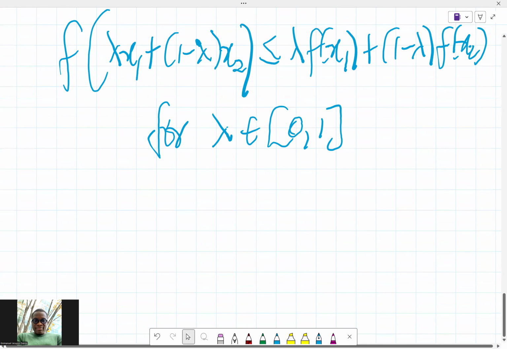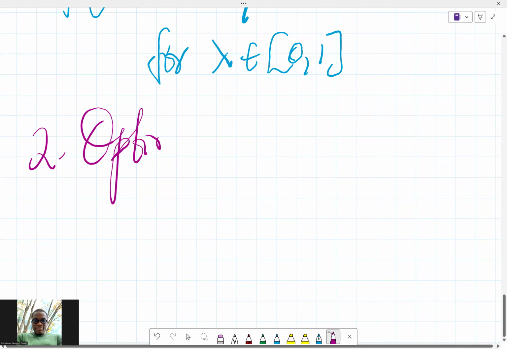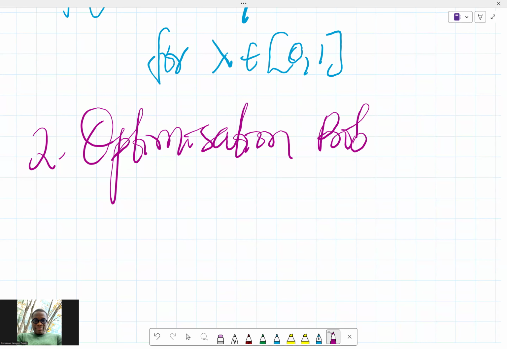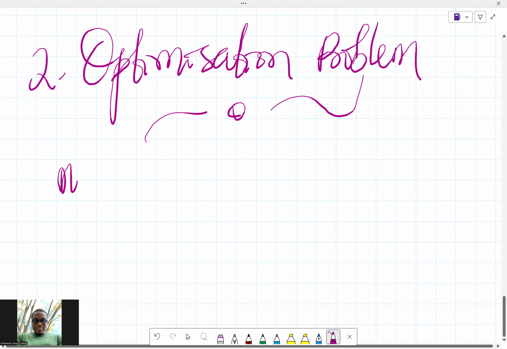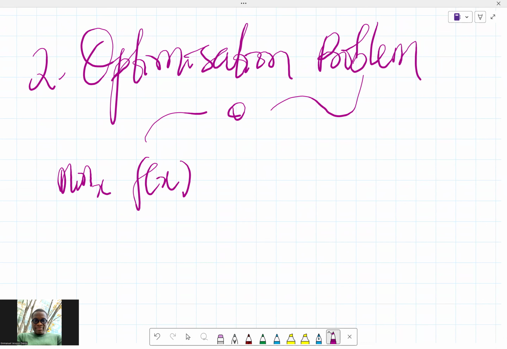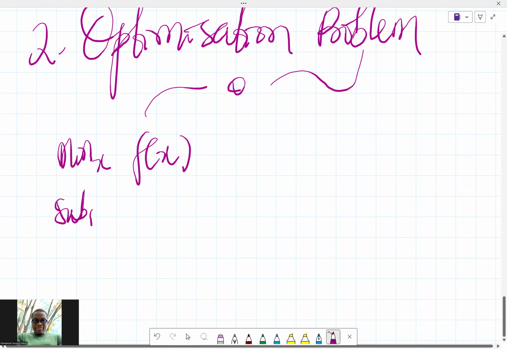So then let's talk about the optimization problem for convex functions. So two, convex optimization problem. Minimize f of x. Here, this is one-dimensional because we're just talking about only x. In the next video, I'll be talking about non-convex optimization in 2 dimensions where we talk about x and y.